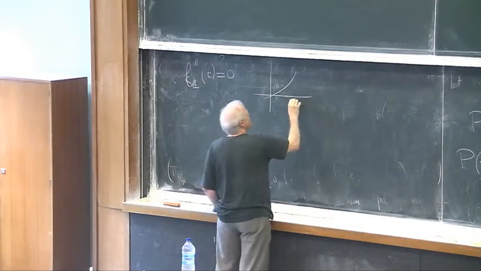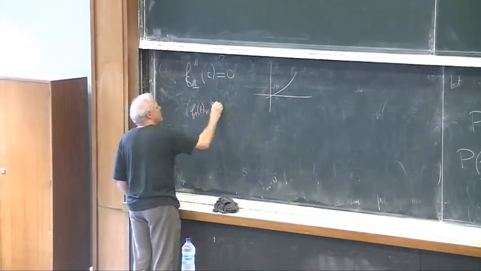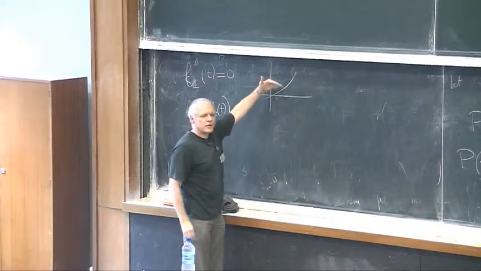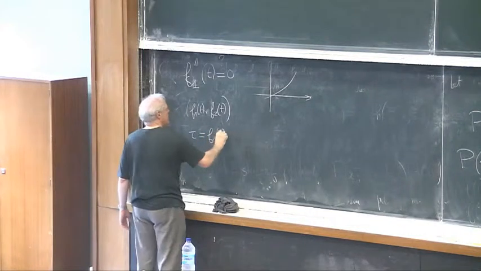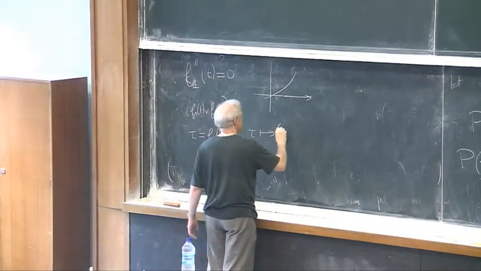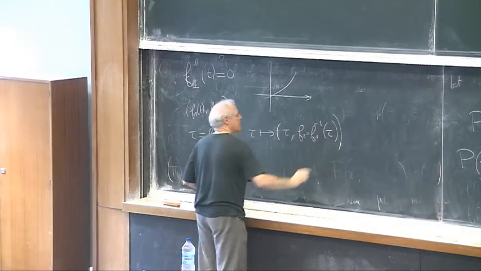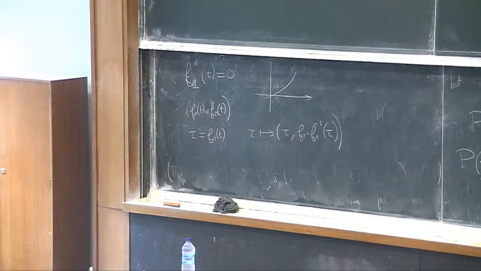So if you have two components, f1 of t and f2 of t, if the curve happens to be regular, the projection on the first component is regular, you can choose as a new parameter tau equal f1 of t, and then your curve will become tau maps to (tau, f2 composed with f1 inverse of tau). But then, of course, this becomes linear, and then the second derivative is 0. So somehow, knowing that the second derivative of one component is 0 doesn't mean much.